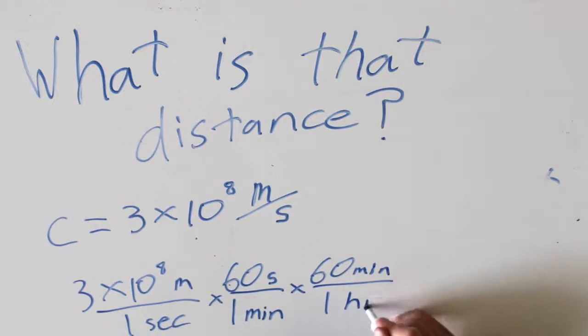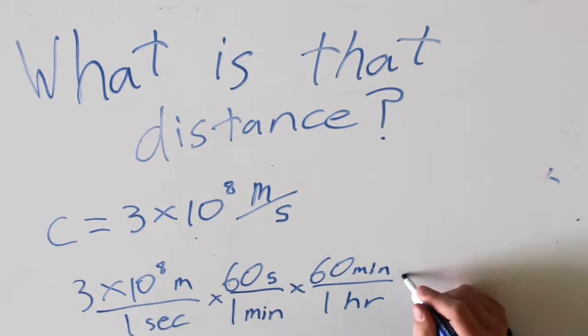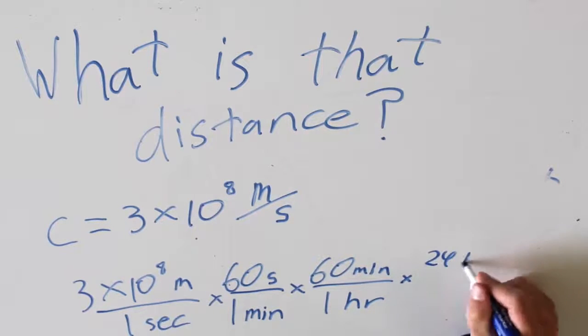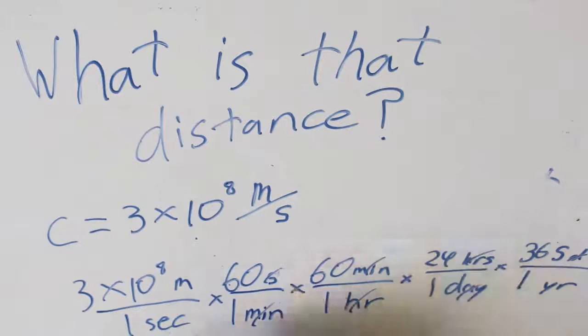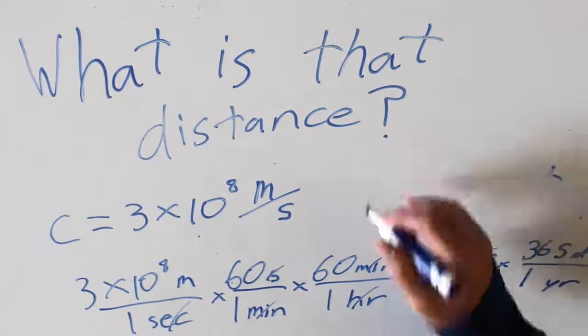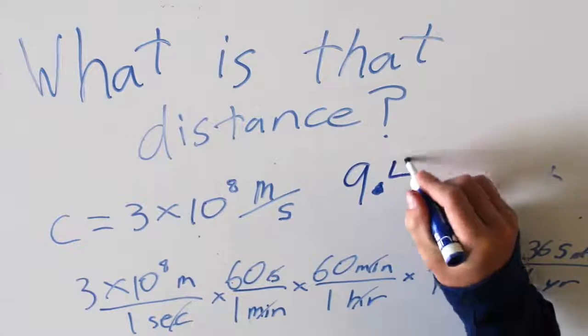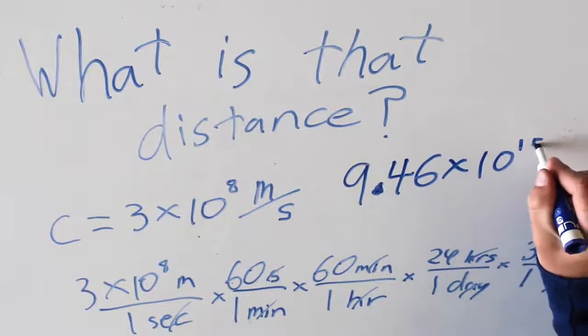Then we know that there are 60 minutes in an hour, so we can multiply that by 60. Then we know that there are 24 hours in a day, and we know that there are 365 days in a year. So if we multiply all of that out, it's going to turn out to be a really big number. And it ends up being 9.46 times 10 to the 15th meters.